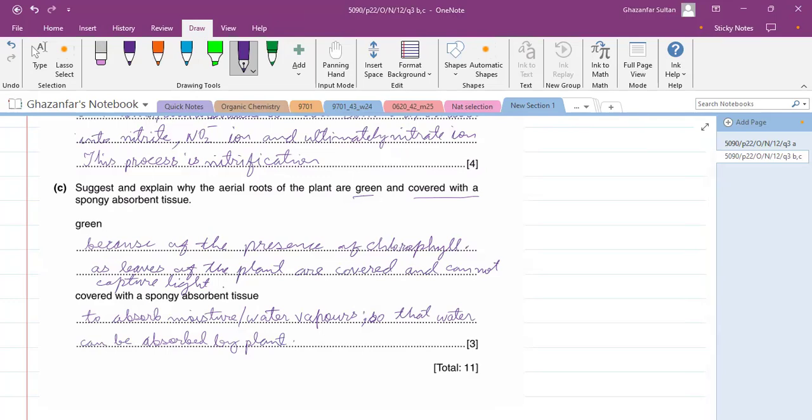They also retain some water. So to absorb moisture, water vapors, so that water can be absorbed and retained there.